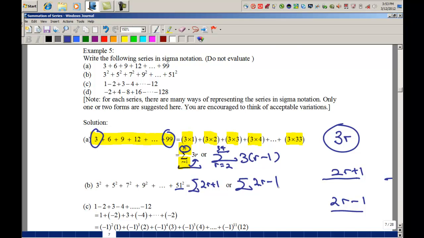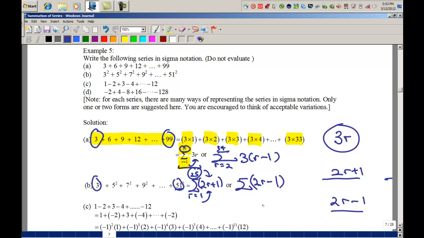So you can either write 2r plus 1 or 2r minus 1. The only difference will be the r values. And if you look at the first one, the r value should start from 1 to the upper limit of 25. How to get 1 and 25? Remember, when you sub 1 in, you must get 3. When you sub 25 in, you must get 51.